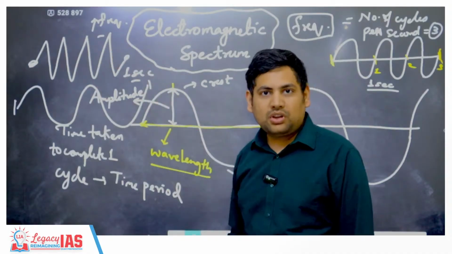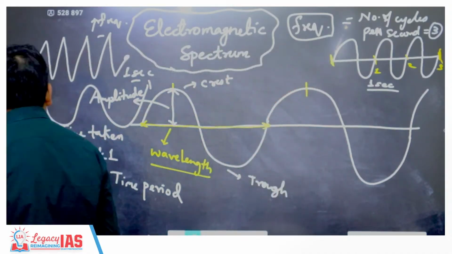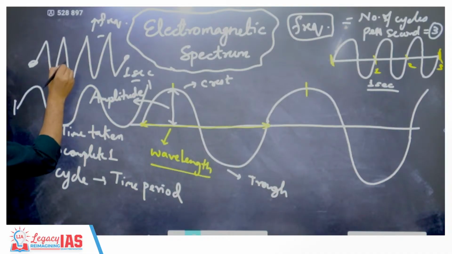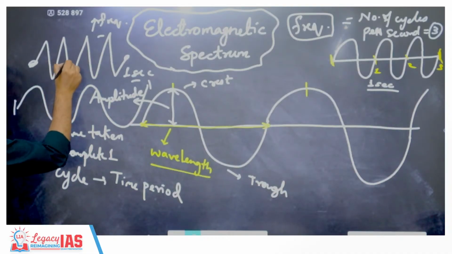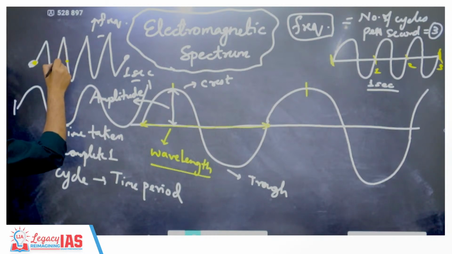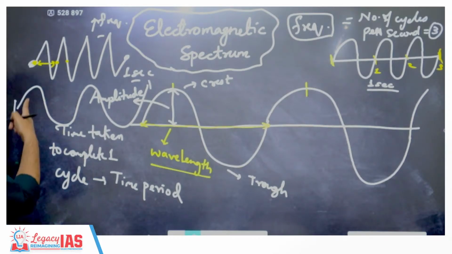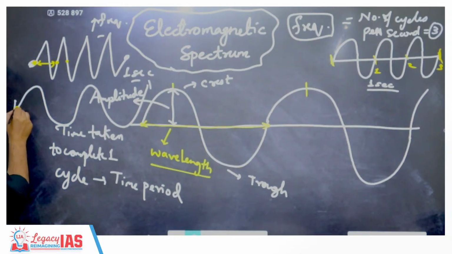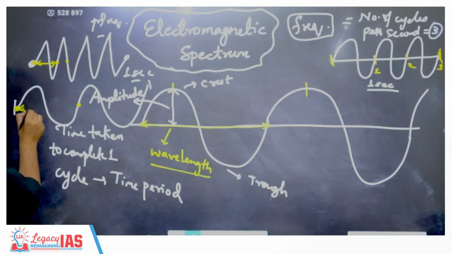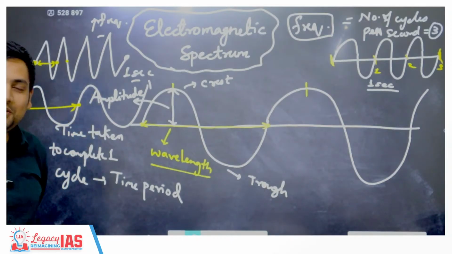But on the other hand, what is the wavelength here? When I reach the same point, from here to here, this length is the wavelength. Now, this wavelength is bigger, or if I go from here to here, this wavelength is bigger. Which do you think is bigger?